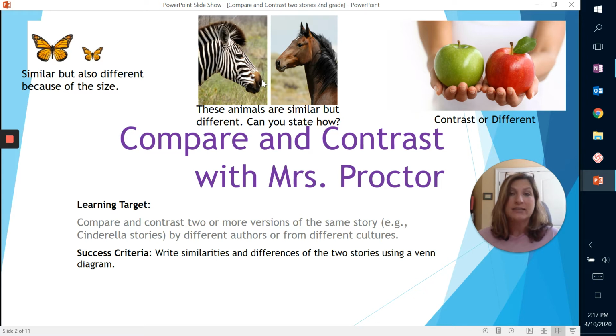The contrast, it's brown, and this looks like a type of stallion. That's a type of horse. And it has hair on its back. However, the hair is not striped like the zebra's. All right, remember our success criteria today is to be able to write similarities and differences of two animals using a Venn diagram.